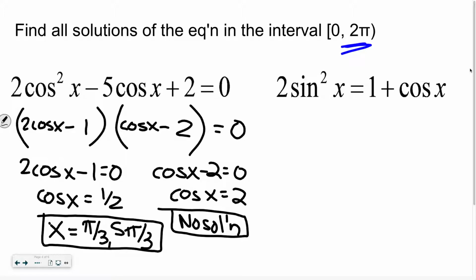Oh, yeah. Use that. 2 times 1 minus cosine x. You subtract 2 and 1 over. No. I love your confidence. Let's factor it. Oh wait, it's sine and cosine.